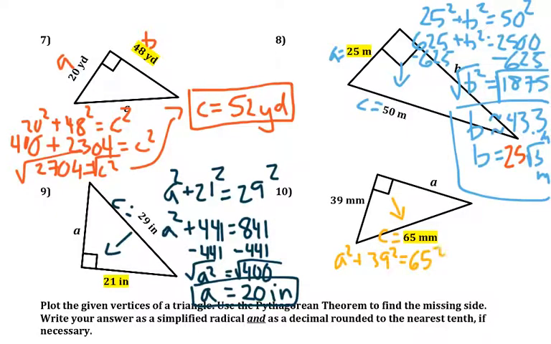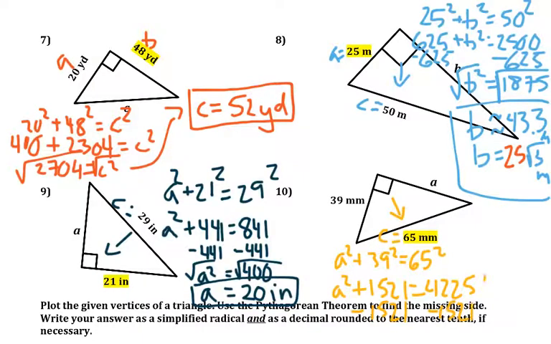We're going to have to use our calculators for this one. We got A squared plus 39 squared, which using our calculators, we can find that to be 1,521 equals 65 squared, which is 4,225. Then we're going to subtract the 1,521 from both sides.